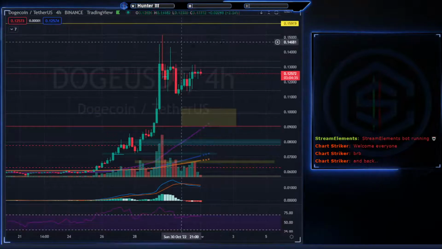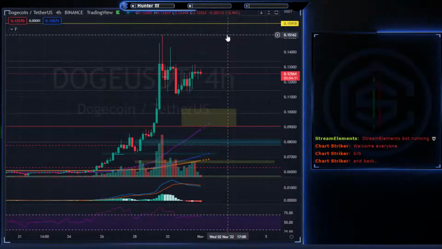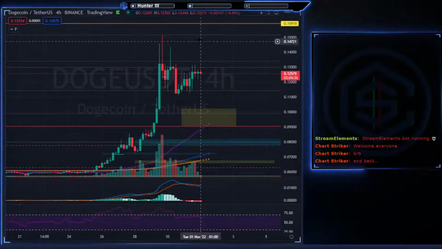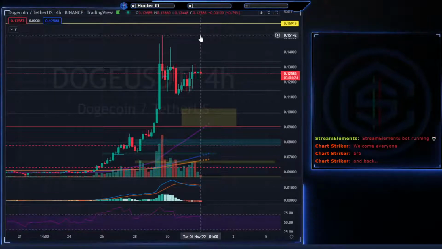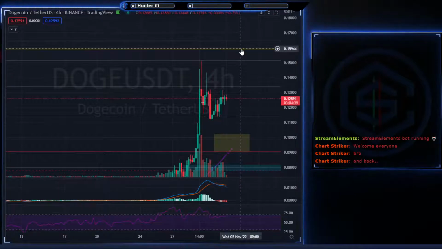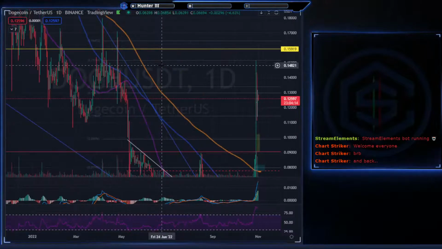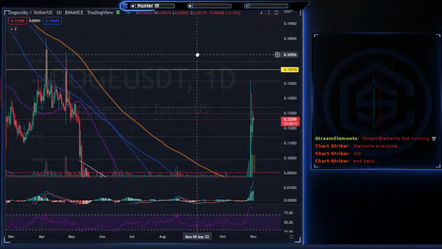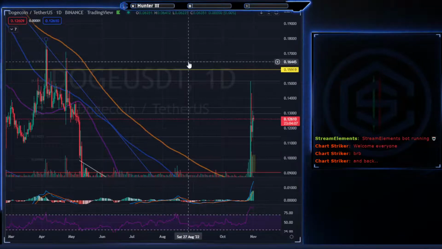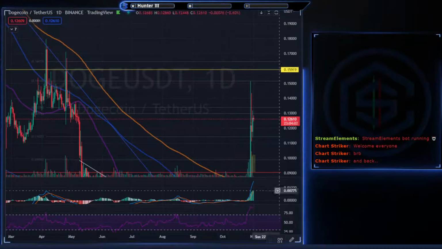On a daily level, we still have to get above 0.145 to 0.15, but we do have major resistance around 0.159. Just so you guys are aware already. This should be a bit higher though. Sorry, not 0.159. Let me put this instead.